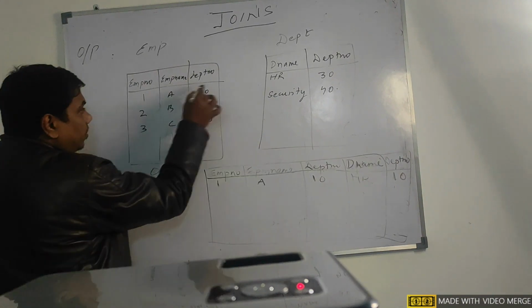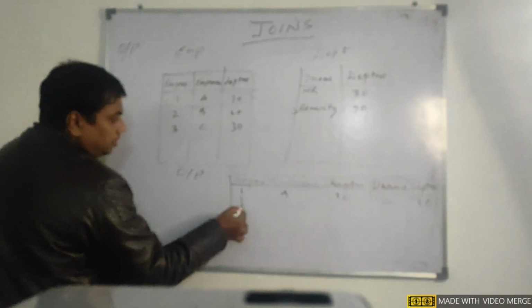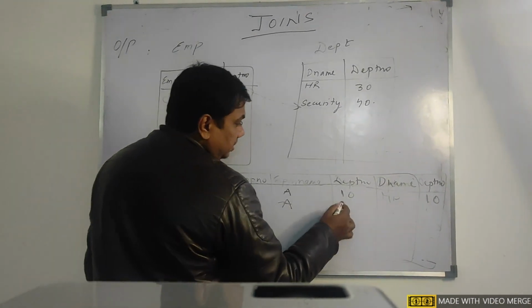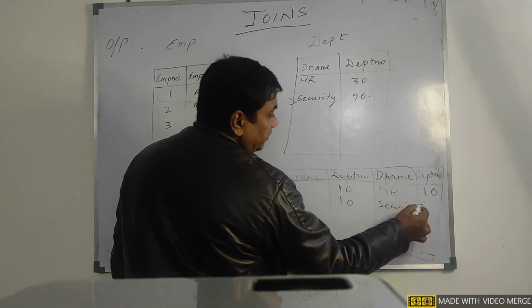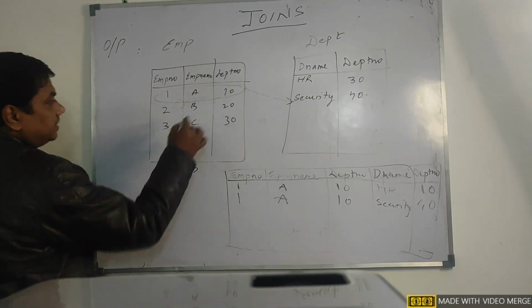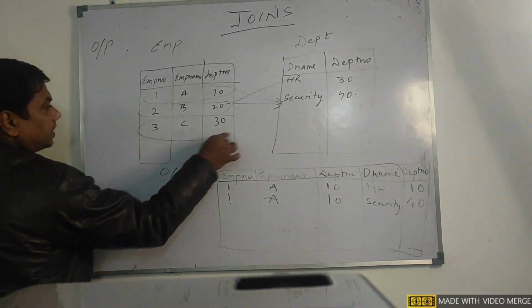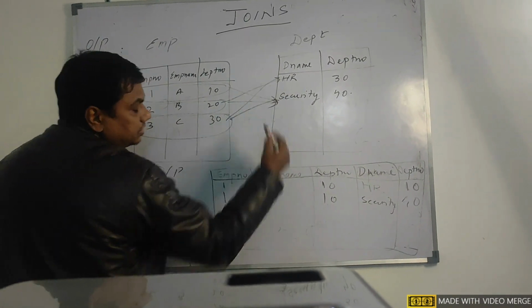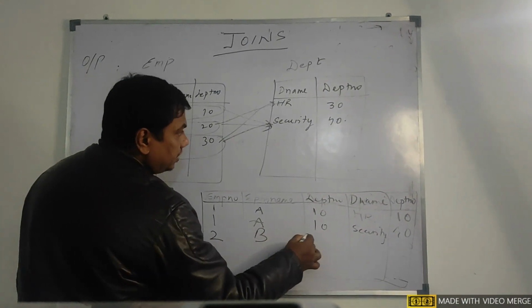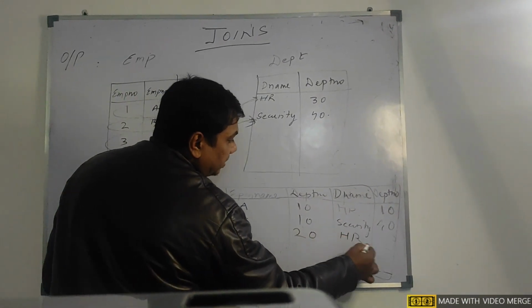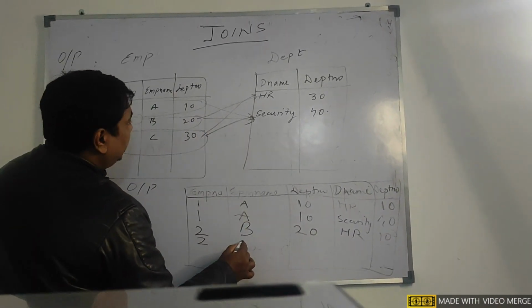Again this record will be multiplied to the next one, so 1A 10 security 40. Similarly, 2B 20 will be multiplied to HR and security.